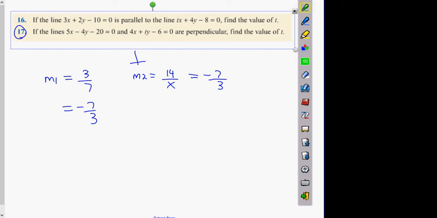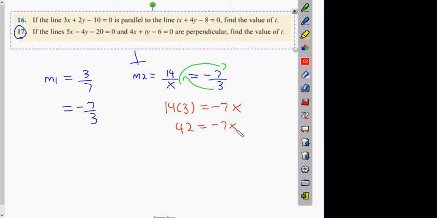Now, in a case like this, guys, you're probably going to have to cross multiply this time. So we're going to bring the x up here and the 3 up there. And what we're going to get is 14 multiplied by 3 equals minus 7 times x. 42 equals minus 7x.